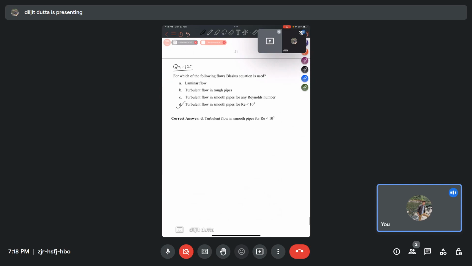So let us solve one quick numerical. It is given that a smooth two-dimensional plate is exposed to a wind velocity of 100 km/h.